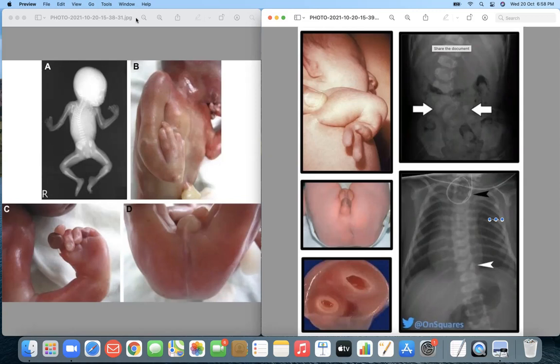For the investigation, as I told, this is usually a diagnosis of exclusion. If there are 3 features on general physical examination, we can diagnose. But still, to support my diagnosis, I would like to do echocardiography and ultrasonography for the renal system.